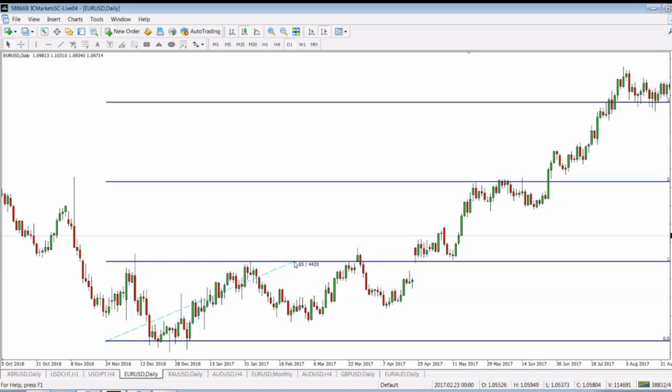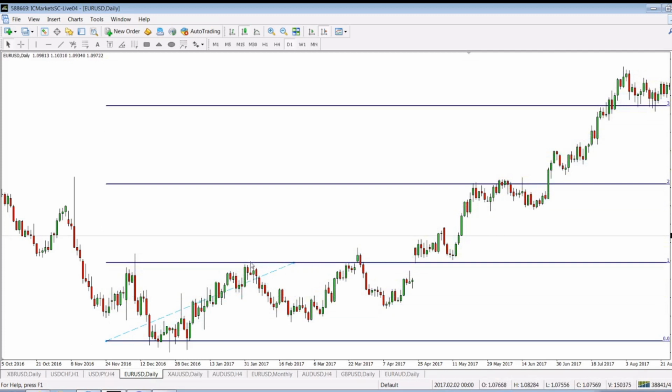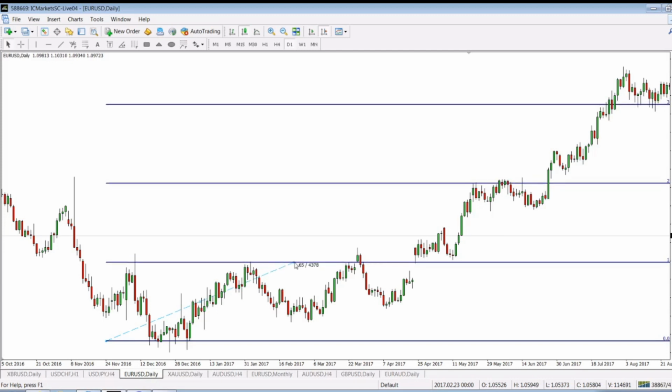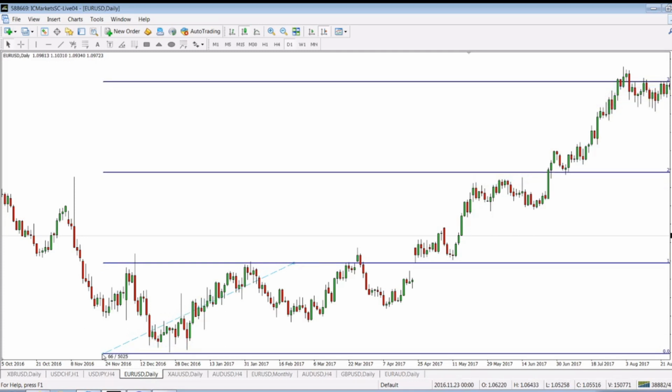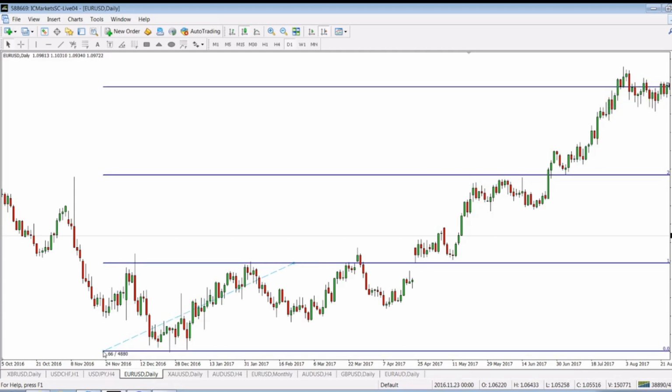Let's try it once again from here. Boom. So we got the level. It's not that precise. We have to move it slightly higher. First hit over here. And let's see what's happening here. The market shows regularity again.